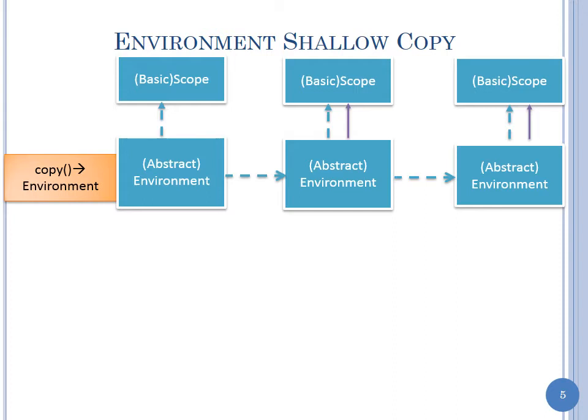A still got the pointer. Now the question is, pointer to what? In this case, if I say A is assigned B, and I've got this abstract environment here, B will point to the abstract environment.